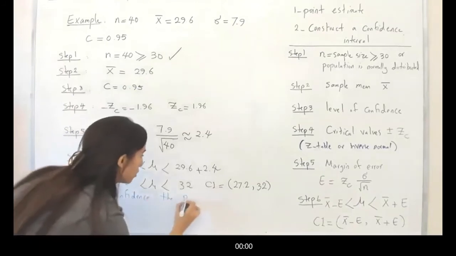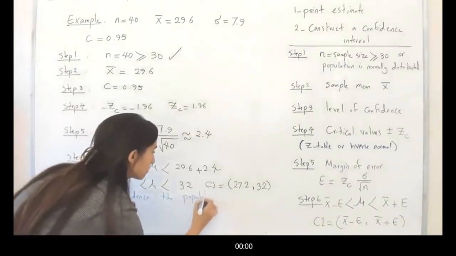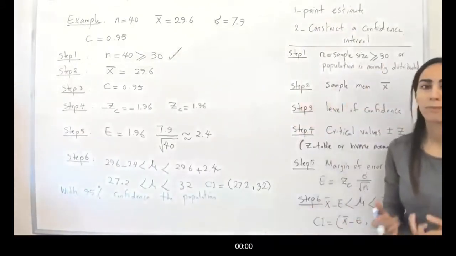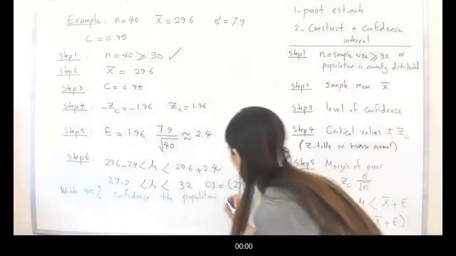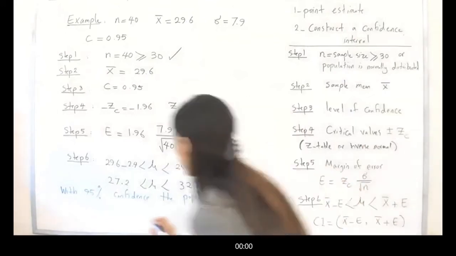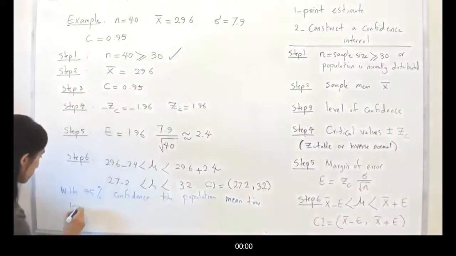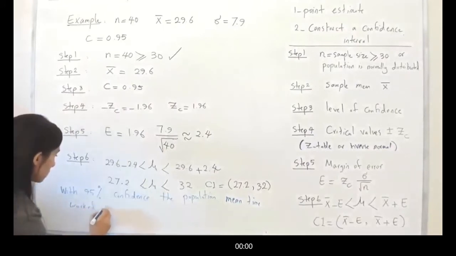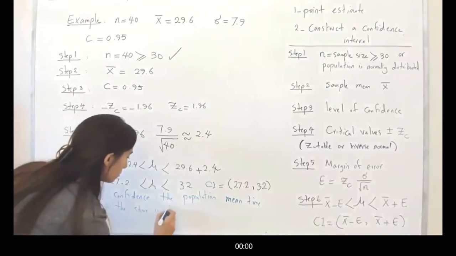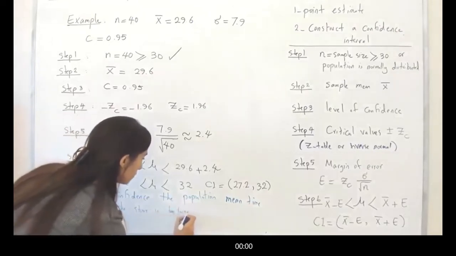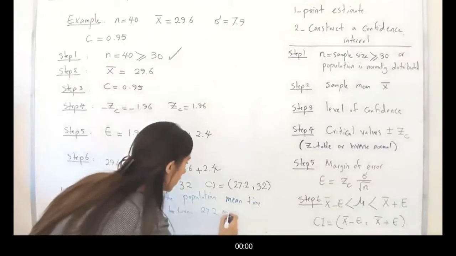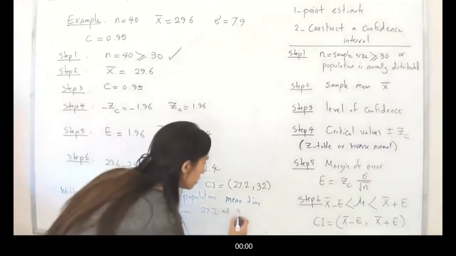When you're trying to estimate the population mean, the population mean time worked in the store is between 27.2 and 32 hours.